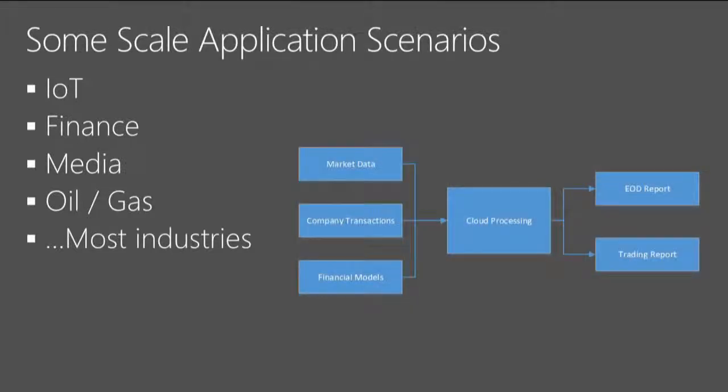In finance, we find people doing end of sort of period things, end of day, end of month, end of year. We also see people doing stuff like trade analysis. So how did they do on their trades for the previous day? Which things might be good for them to act on the upcoming day?